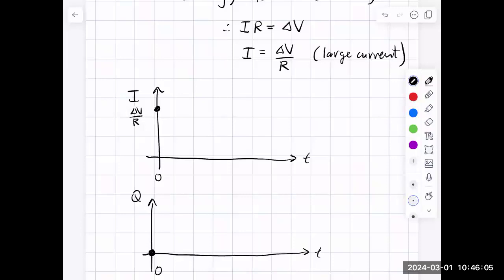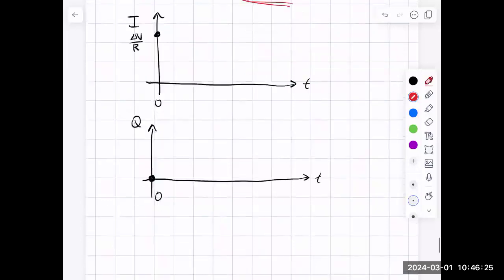And if the voltage across the resistor decreases a little bit, so does the current. And so the rate that we're adding charge onto the capacitor decreases as time evolves. So as the charge builds up, the rate of charge flow decreases.